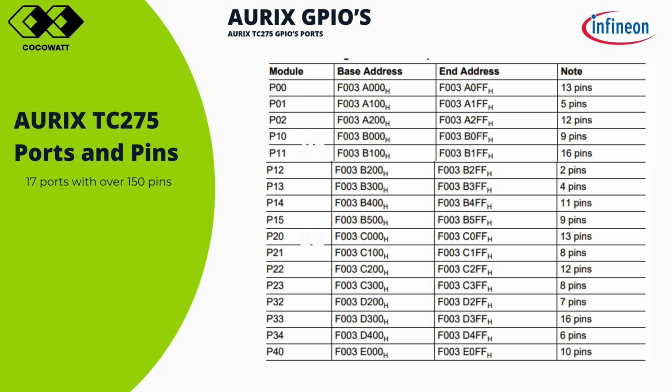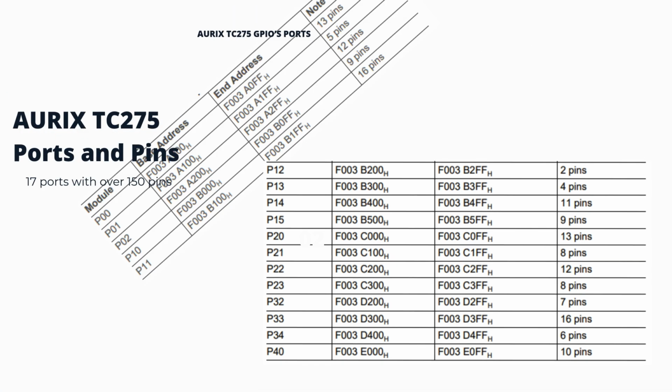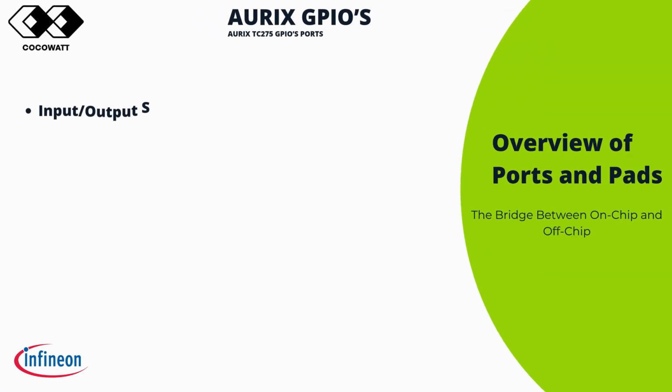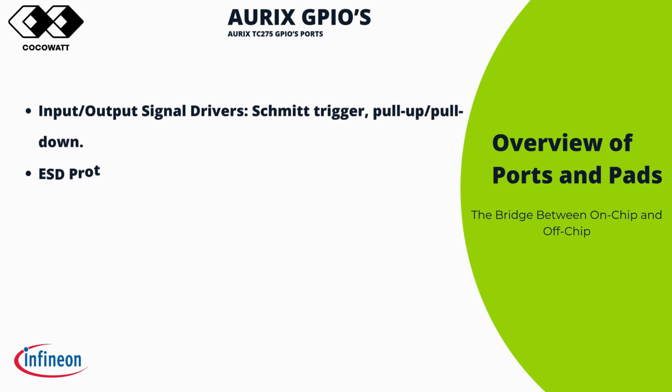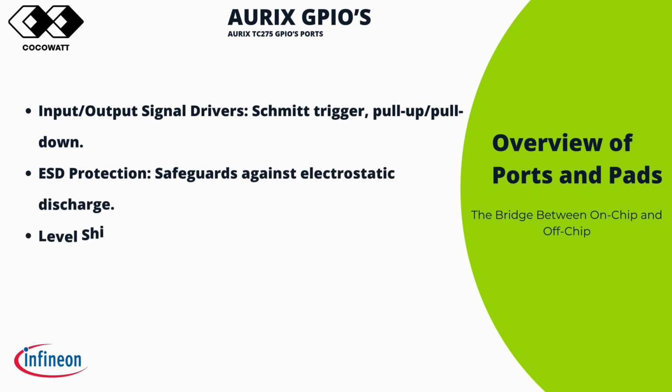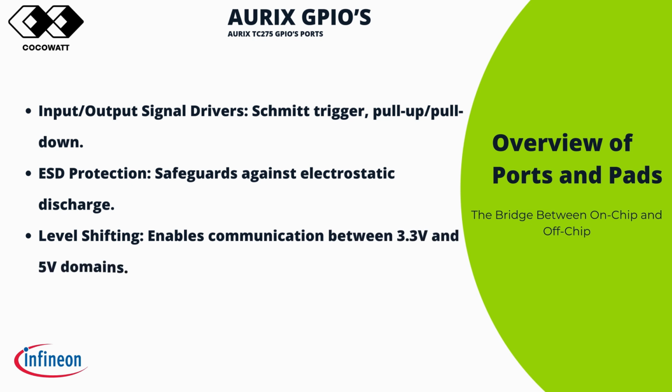Now you might wonder, what exactly do these ports and pads do? Well, the ports and pads serve as a bridge between the internal logic of the microcontroller and the external devices. Their primary functions include input and output signal drivers.